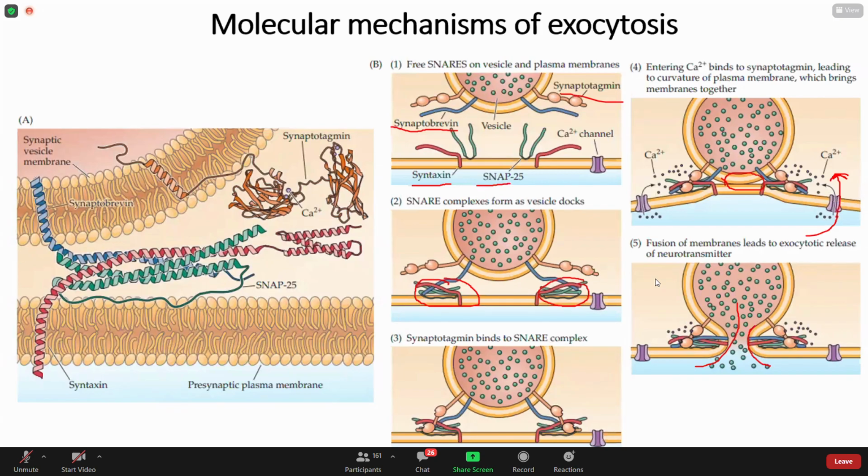Now, calcium binding to synaptotagmin would bring the synaptic vesicle very close to the membrane, and thus this would lead to the fusion and the release of the neurotransmitters. So the priming is all of these proteins, but the fusion is the calcium. Yes, but priming is more complicated as well because it involves other proteins, okay?